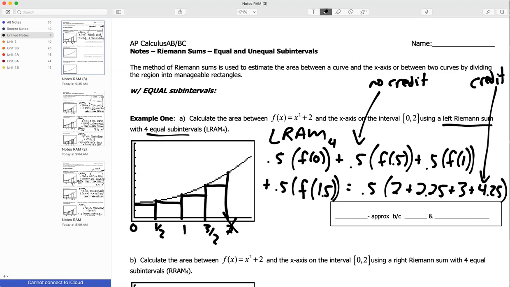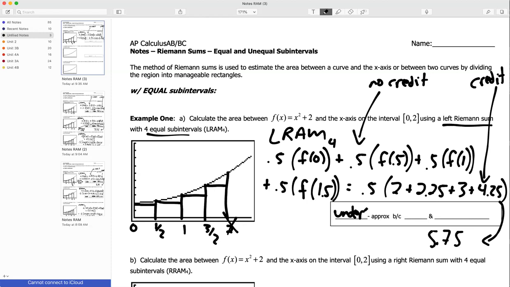I'm going to go ahead and give you the answer here, though. If you work that out, 2 plus 2.5 plus 3 plus 4.25, and then multiply by 1/2, you should get 5.75 for your estimation. And we also said by looking at our graph that this is an under approximation.